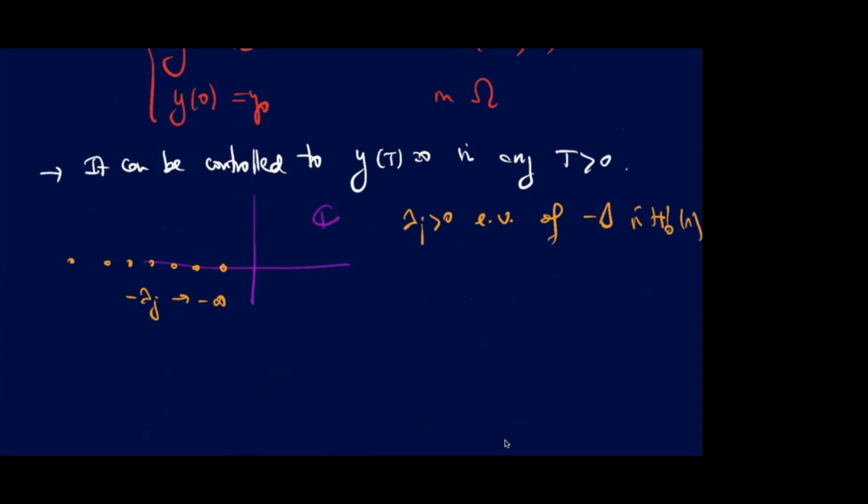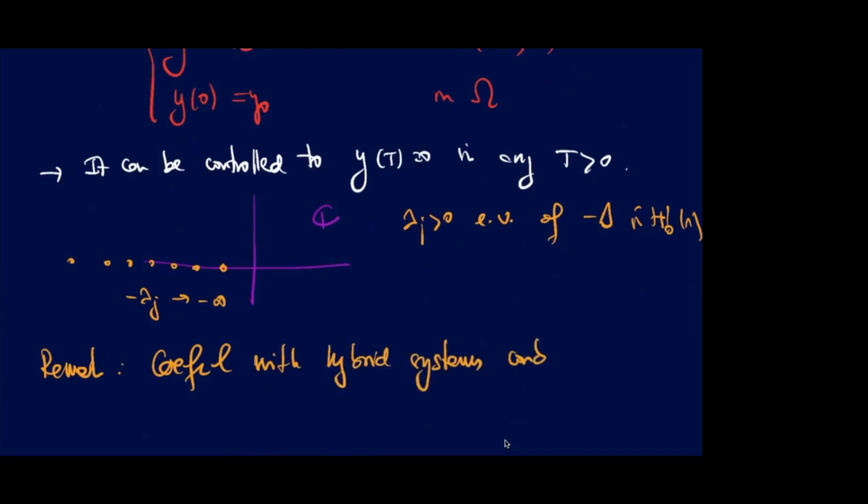So the remark here is: careful with hybrid systems combining parabolic and hyperbolic phenomena, right?